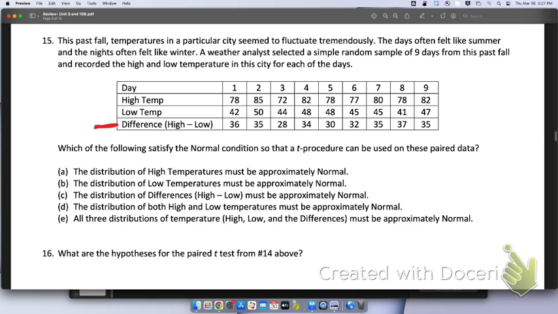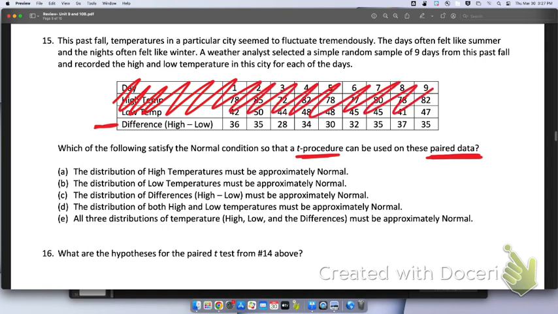Which of the following satisfy the normal condition so that a T procedure can be used for paired data? This is paired data. So, in paired data, I do not care about the original two different values or those distributions. The only thing that is tested or has to meet conditions is the differences.